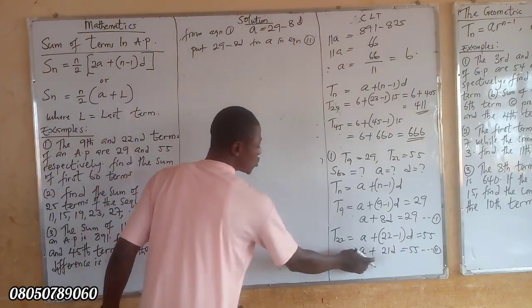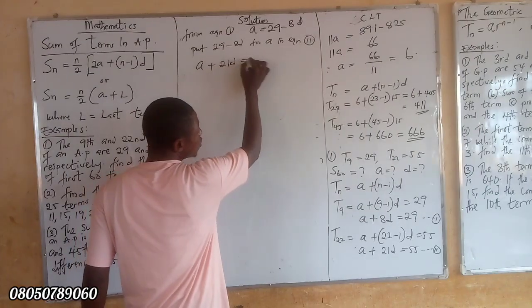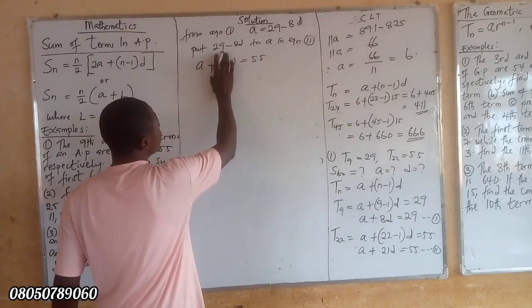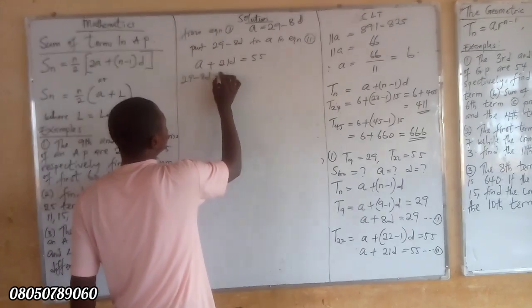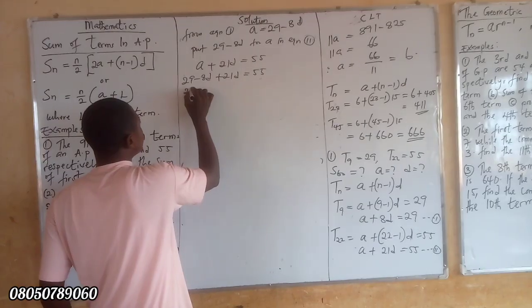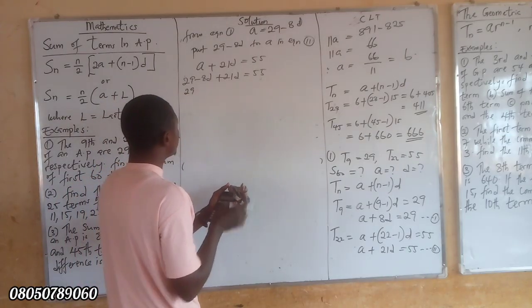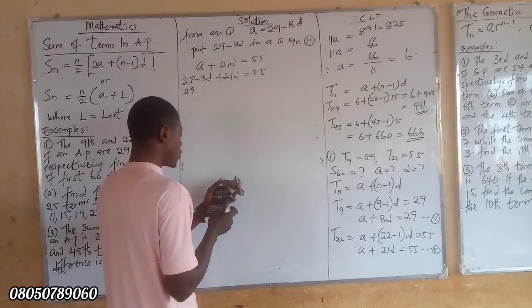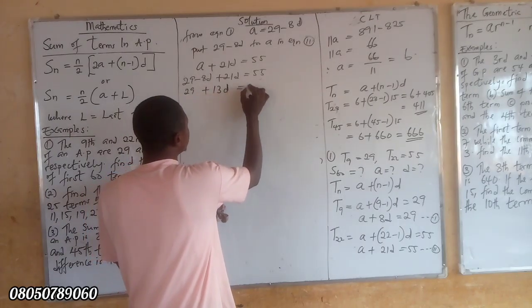Our equation 2 is a plus 21d equals 55. So we substitute the value of a, which is 29 minus 8d, plus 21d equals 55. So now we have 29 minus 8d plus 21d, which gives us 29 plus 13d, which is 55.